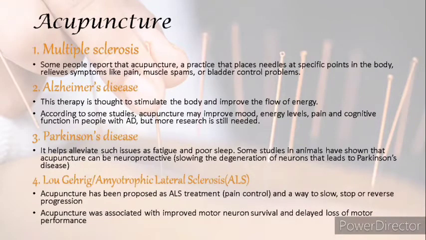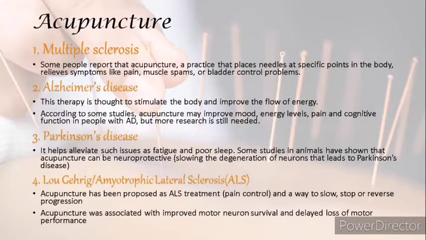Now, let me talk about acupuncture. To treat multiple sclerosis, some people report that acupuncture, a practice that places needles at specific points in the body, relieves symptoms like pain, muscle spasms, or bladder control problems. To treat Alzheimer's disease, this therapy is thought to stimulate the body and improve the flow of energy.